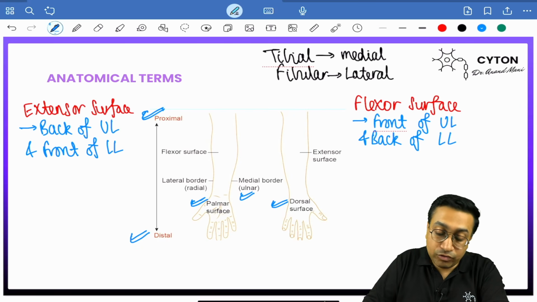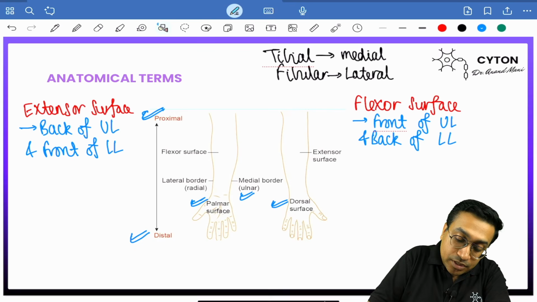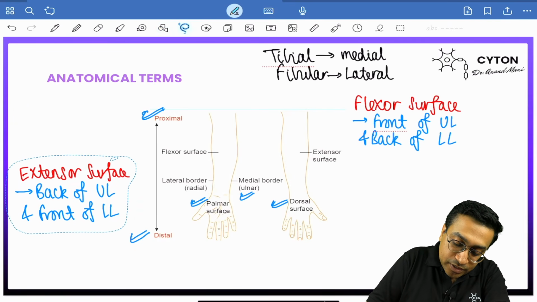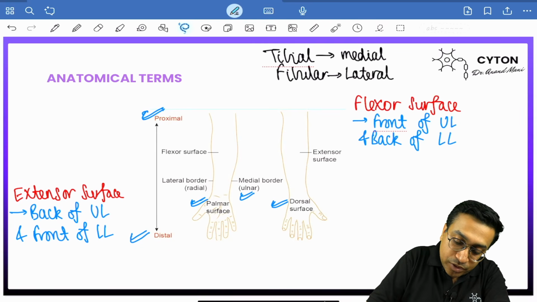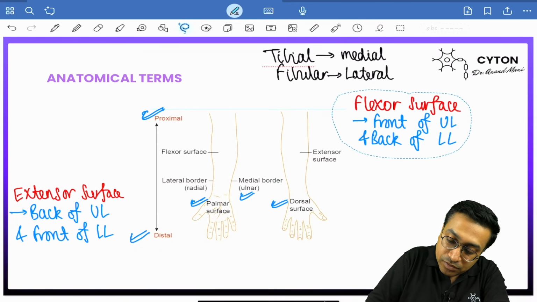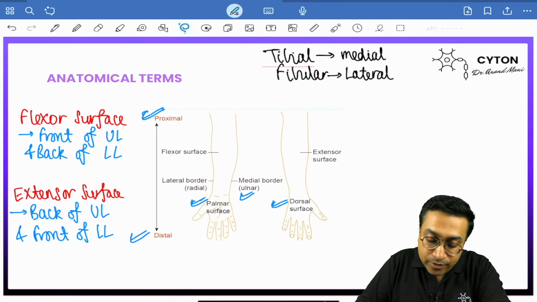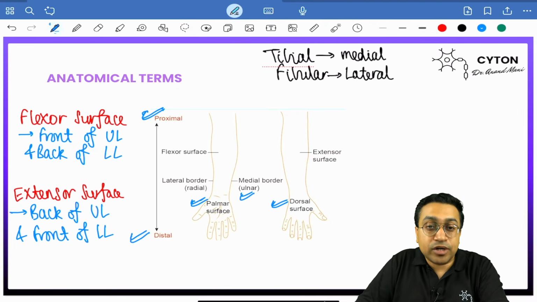Okay, the front of lower limb. So that is something which you should be knowing regarding the flexor and the extensor. Okay, flexor and extensor. Okay, so I hope you understood these terms.